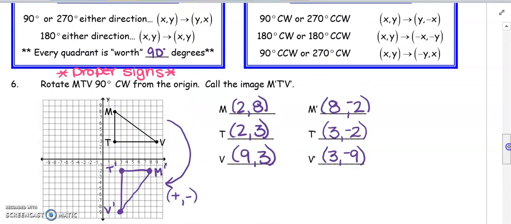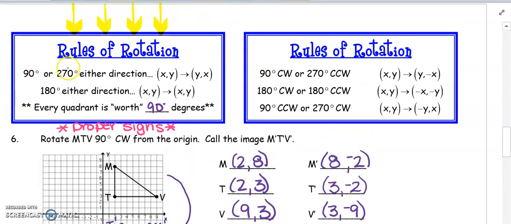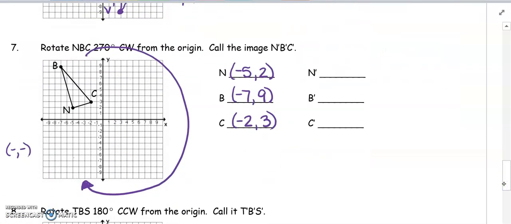Now again, because this is a 90 or 270, we're going to switch the X and the Y coordinates. So let's not even worry about what the signs are. We're going to take the 5 and the 2, and we're just going to switch them. That's going to turn into a 2 and a 5. They both need to be negative though because we're in that third quadrant.